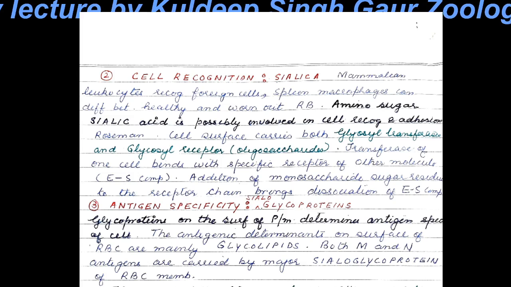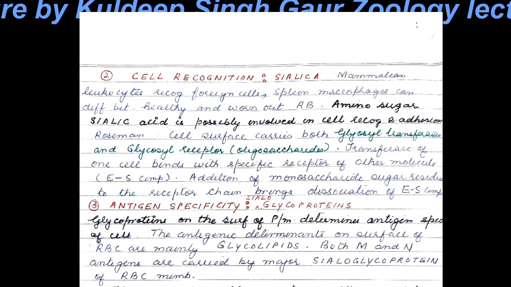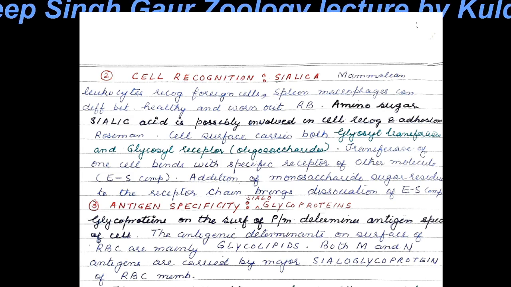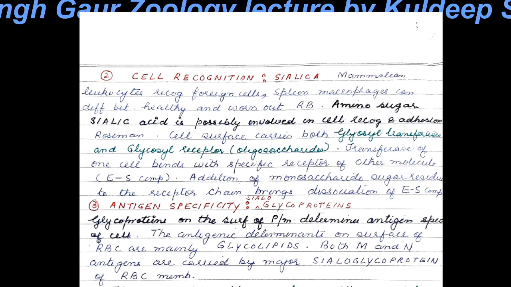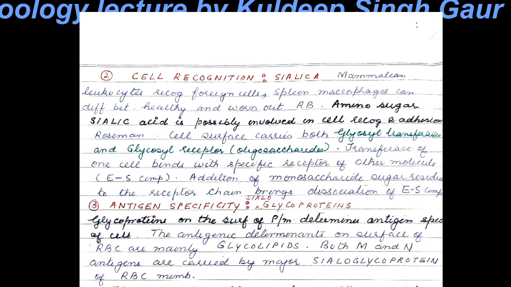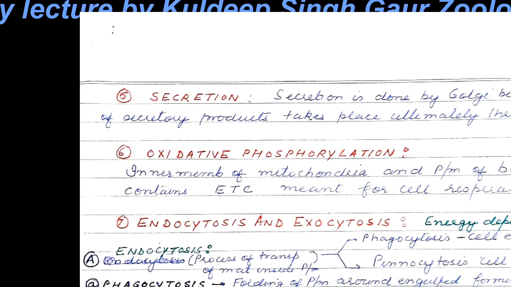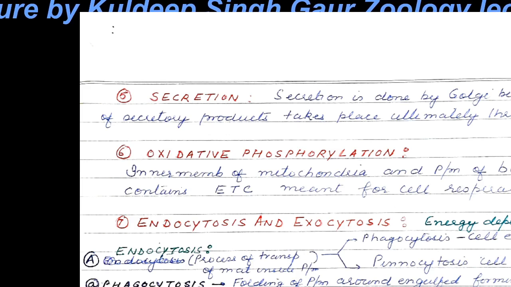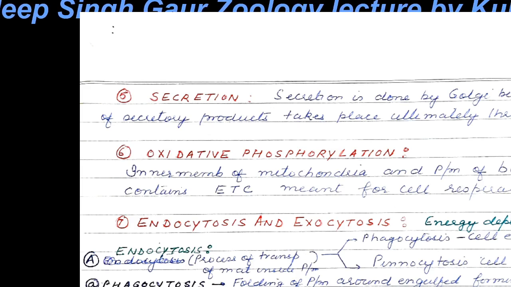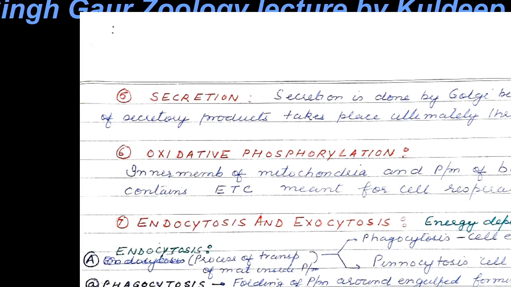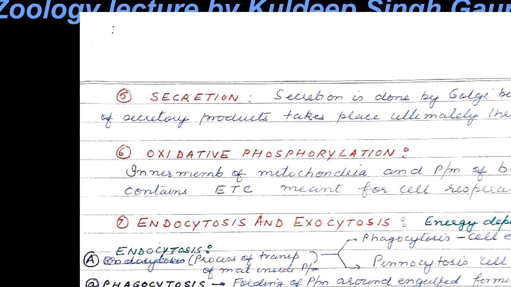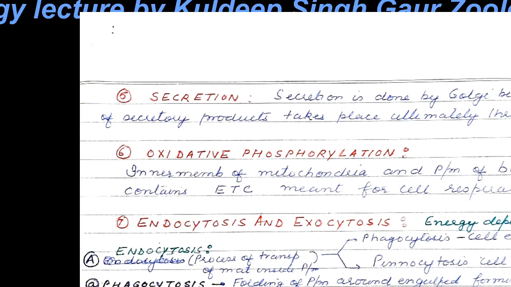Then certain other functions like cell recognition, as I told you in the beginning, in which the glycocalyx, which is formed by glycoproteins, is involved. And then secretion is an important function of the plasma membrane. Oxidative phosphorylation in certain bacteria. Then endocytosis and exocytosis.